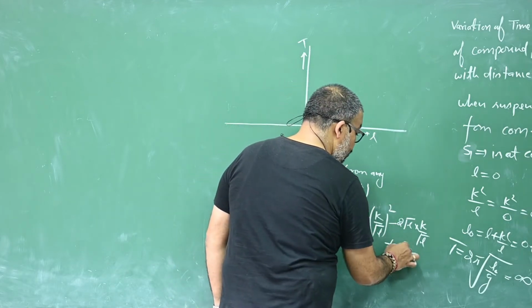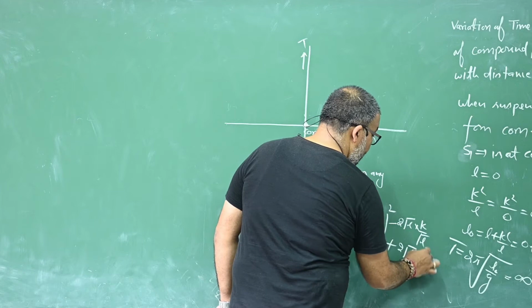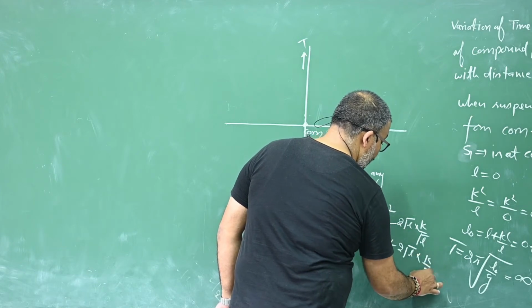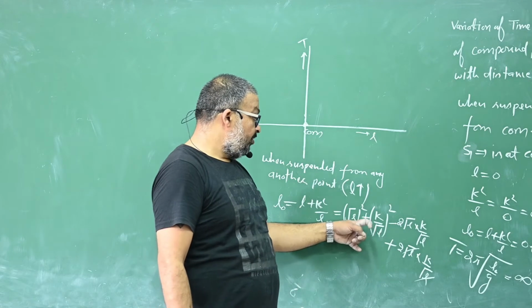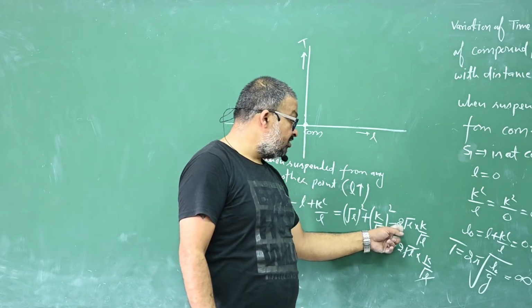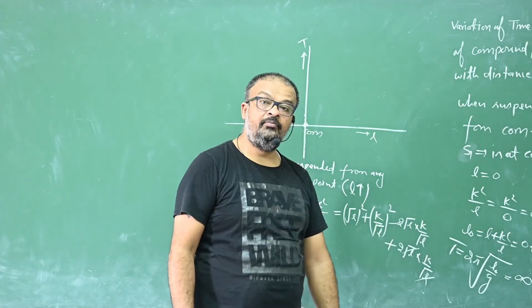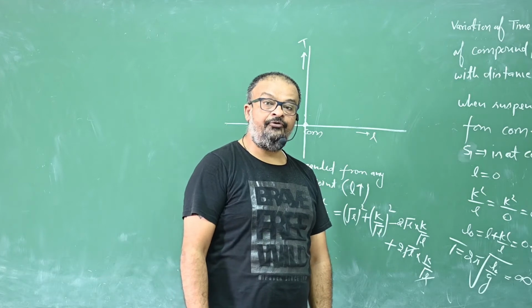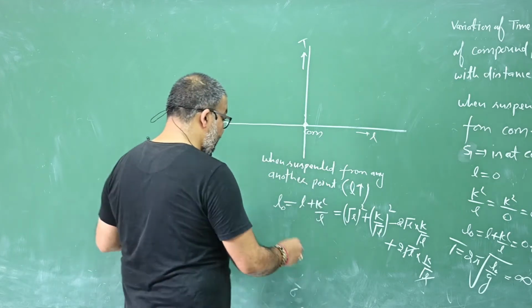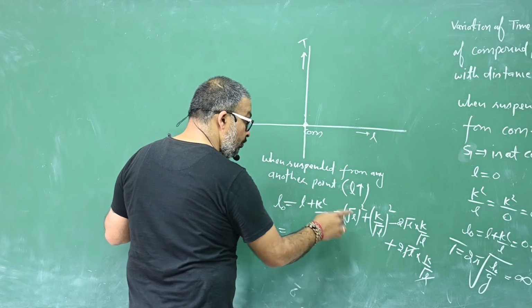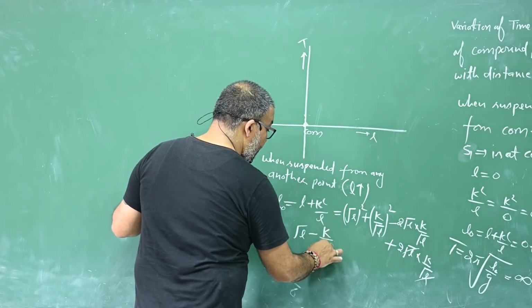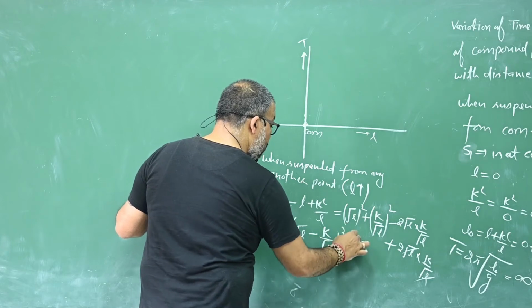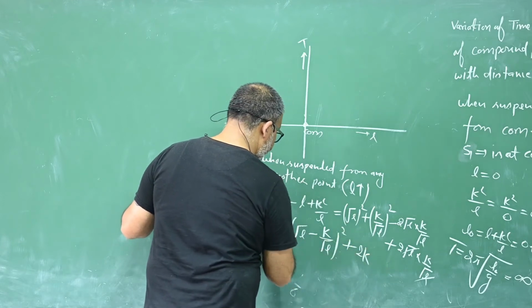So it will be plus 2 root L into k by root L, which becomes 2k. But this is a square plus b square minus 2ab, so it is the whole square of a minus b. So L0 equals, with a as root L and b as k upon root L, the whole square of (root L minus k upon root L), plus 2k.